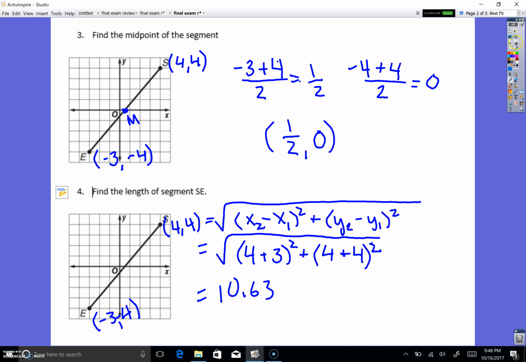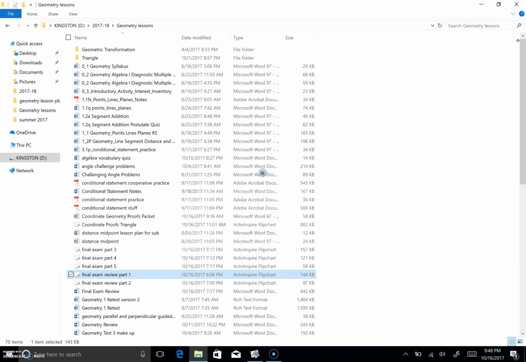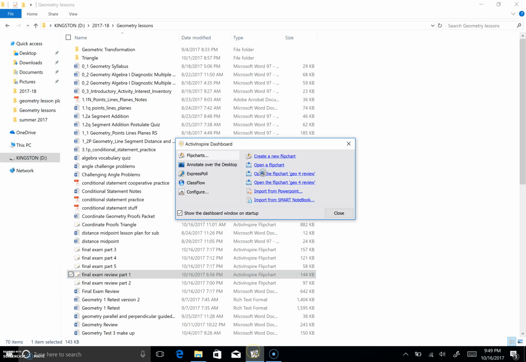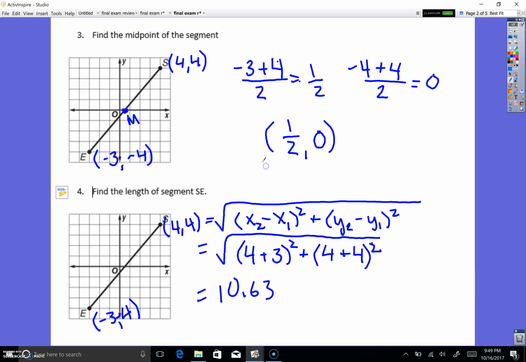So, oops, pressed the wrong thing. Go back to my flip chart. There's my flip chart. Okay.